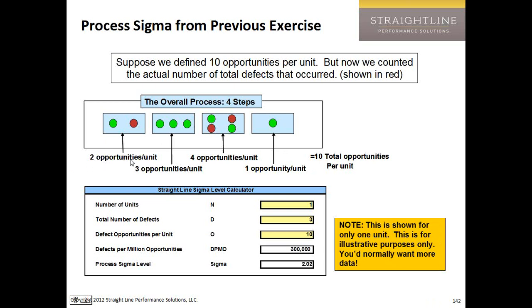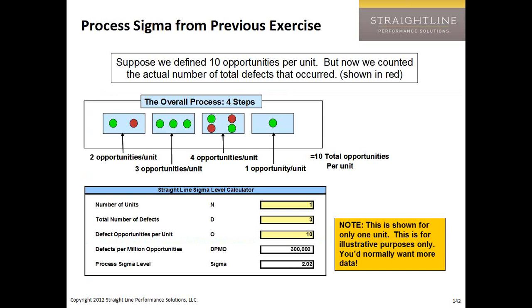But here, there were 2 opportunities per unit on process step 1, 3 per unit on process step 2, 4 per unit on process step 3, and 1 per unit on process step 4 equals 10 opportunities per unit, but there were 3 errors, not simply 1, and we want to note that. So that's another reasonable way to do it. It's obviously more complex than just counting one chance per unit that's going through. Here there's many more chances, but we're also allowing for the possibility that there are multiple errors on a single unit.